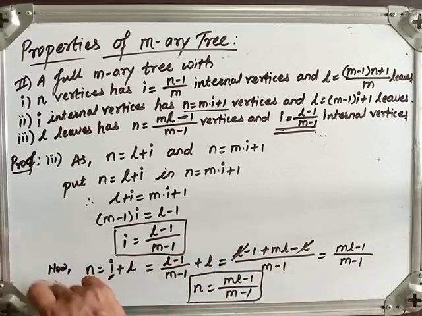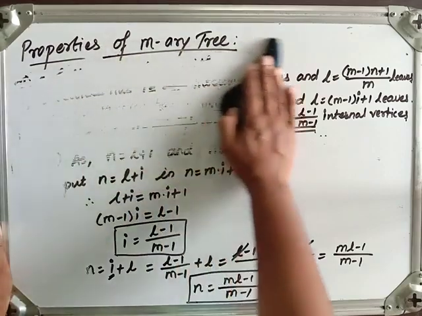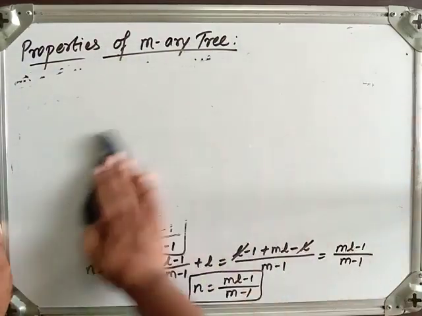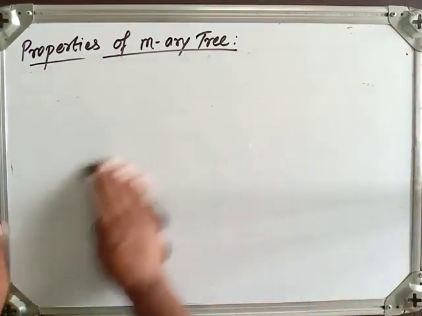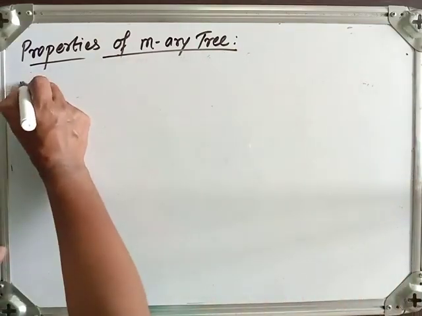Now let's go for the third property. The third property I won't prove, because if you want, you can prove it by the method of induction. Let me give that property to you.